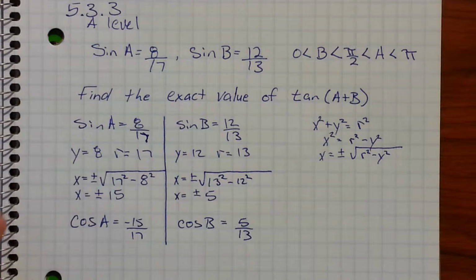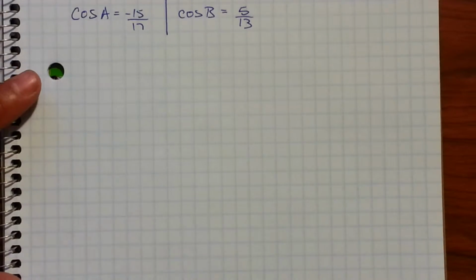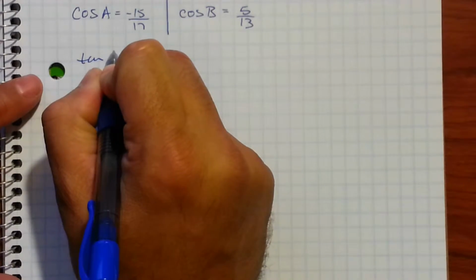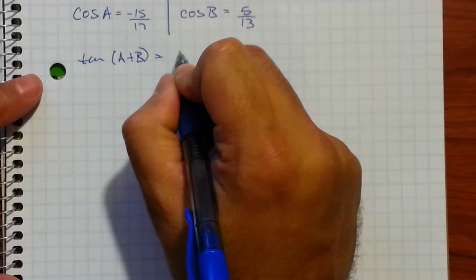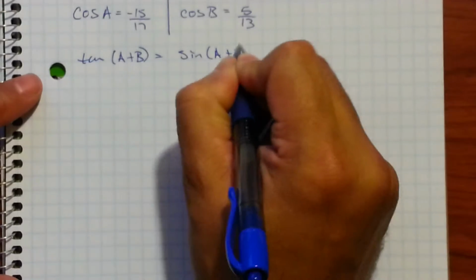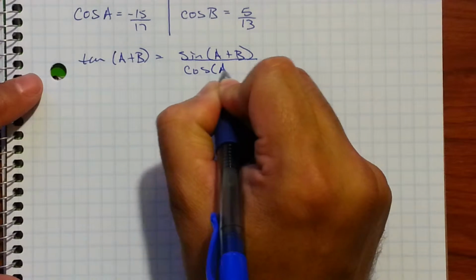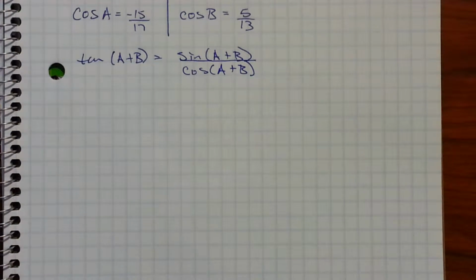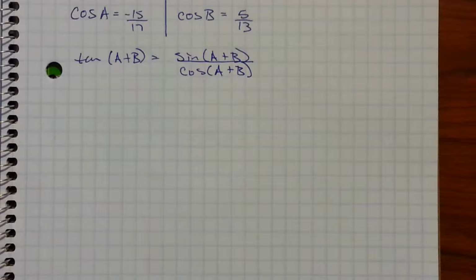Alright, so I have all my values here, so now I'm going to plug in for my sine over cosine. So I'm stating that tangent A plus B is going to be equal to sine A plus B over cosine A plus B. Now I have to go back to my identities for this.